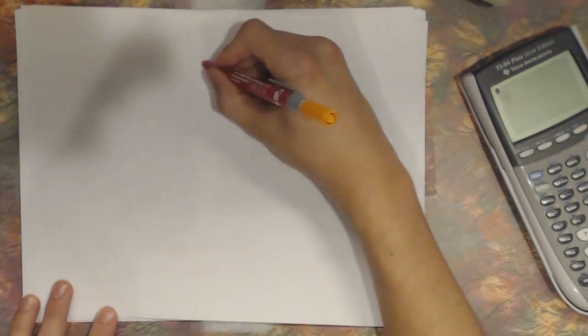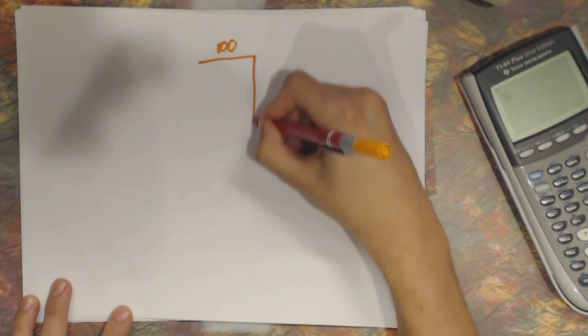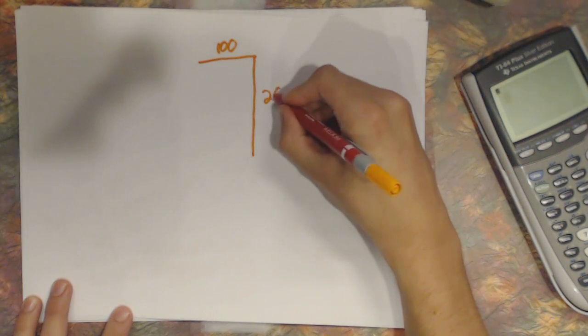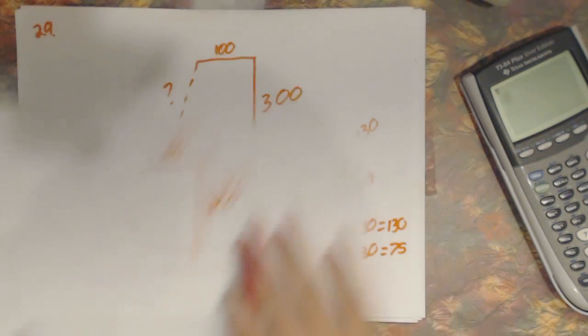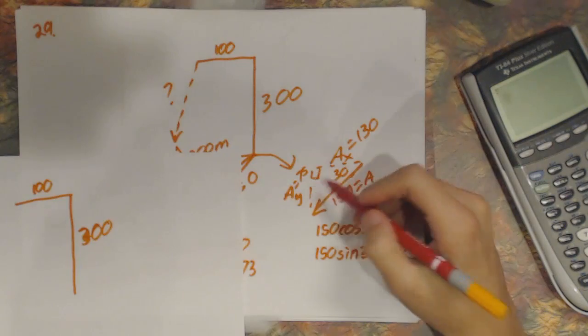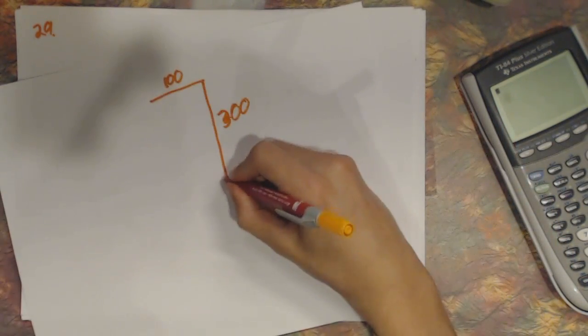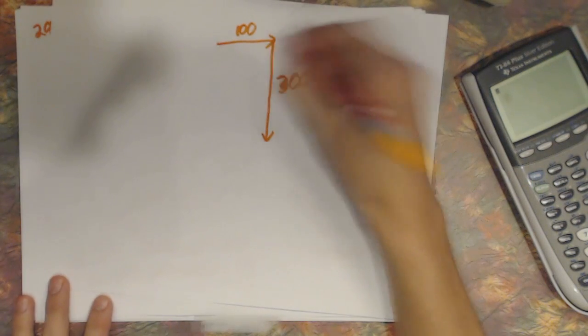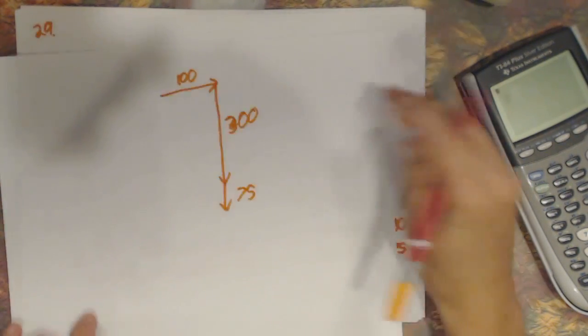So we'll take a new piece of paper, and we've got 100 meters here, 200 meters, or sorry, 300 meters here. And then for the next part, we have this component, our A sub y, which we said was 75 meters. So let's draw these as vectors. We have another 75 meters.